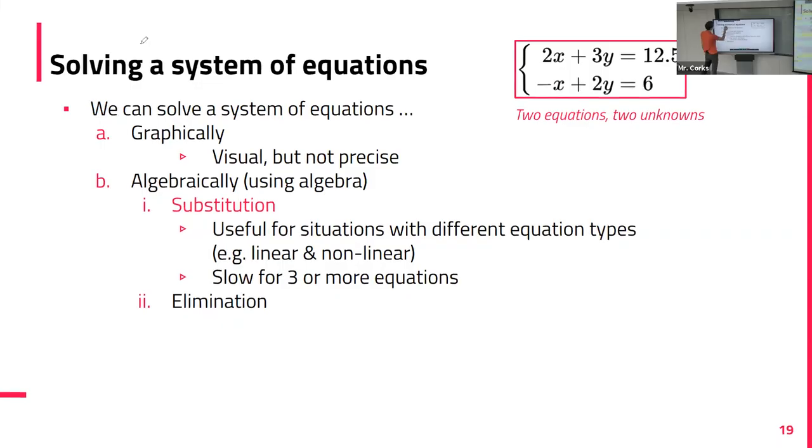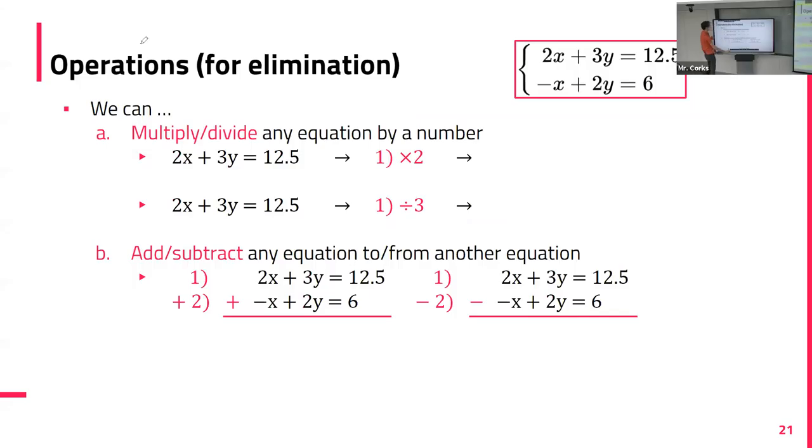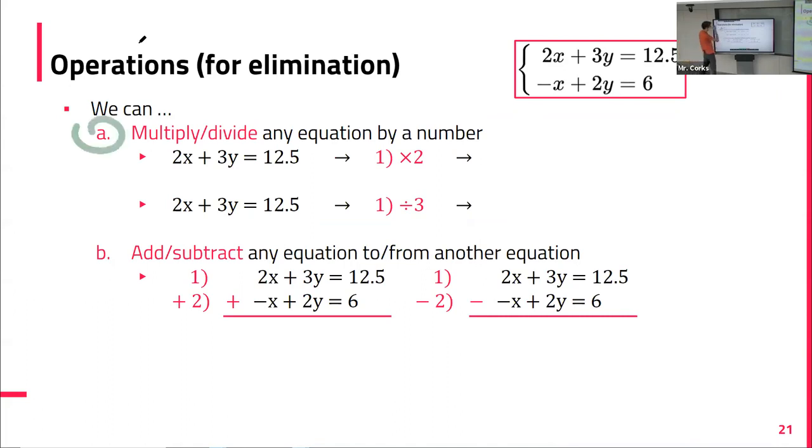Just before we do that, let's just quickly talk about some background theory stuff about what we can do with elimination. So elimination, there are two basic operations that we can use. First one is we can multiply or divide any equation by a constant, just some number.